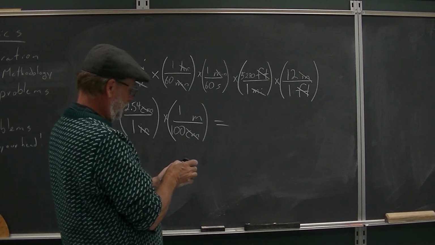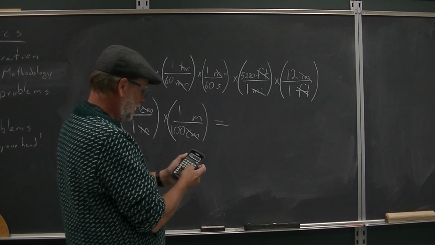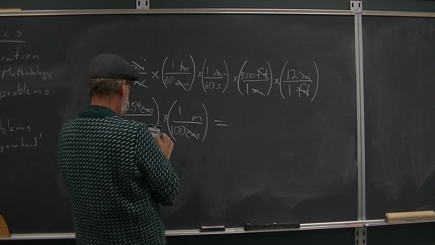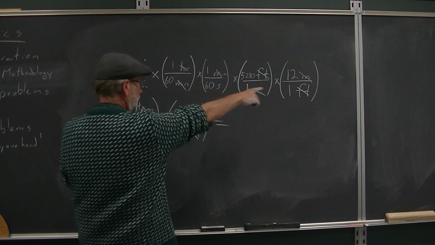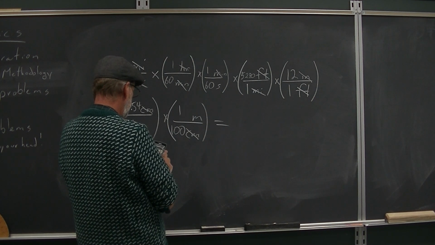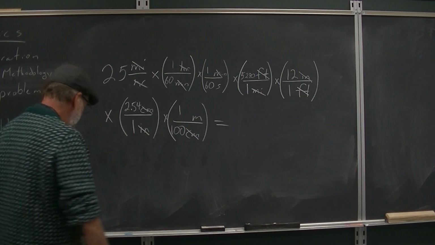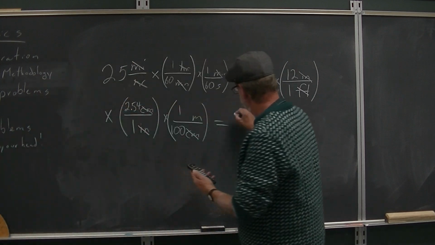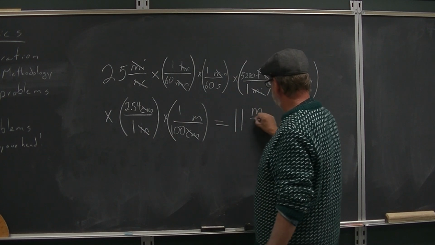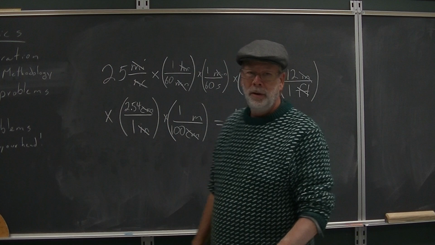You should have a little over 4 million there. Now we're going to start dividing. So press divided by 60, divided by 60, divided by 100. So 25 miles an hour equals 11 meters per second.